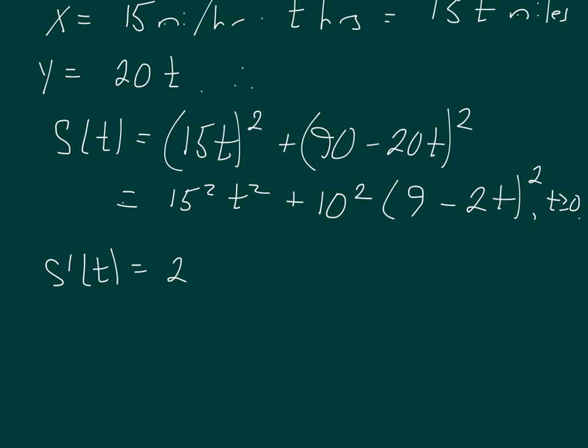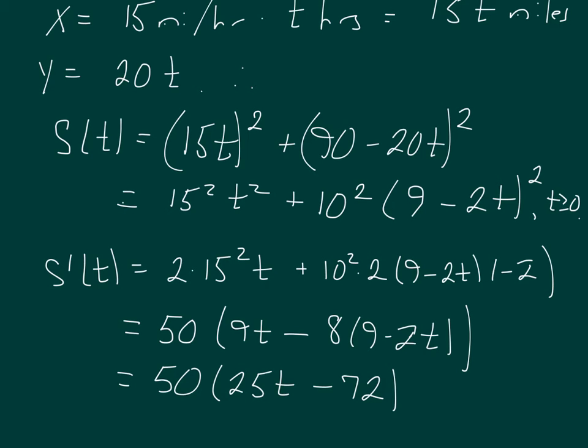So bring that 2 down, I'll have 2 times 15 squared times t plus 10 squared, and that 2 is going to come down, so times 2, (9 minus 2t) to the power 1, and then the derivative of 9 minus 2t is just minus 2. Okay, now we can try to simplify this a little bit.